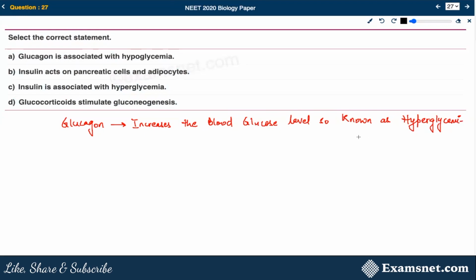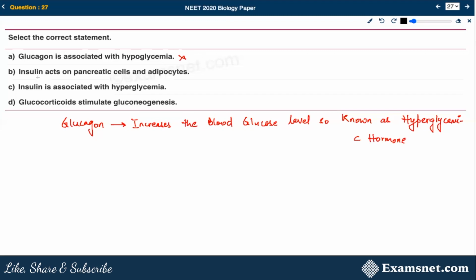This is called a hyperglycemic hormone, not hypoglycemic. Since this is the hyperglycemic hormone, and here it has been written that it is associated with hypoglycemia, this is a wrong statement.